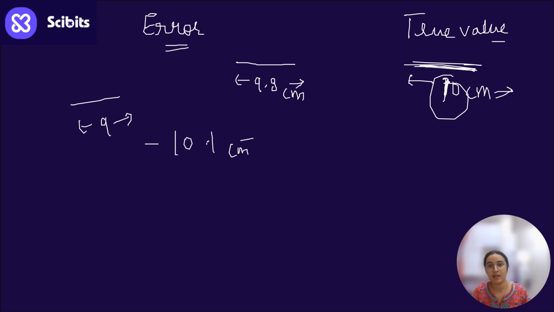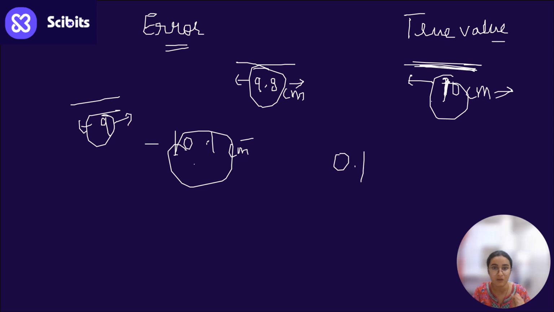So there is a true value and these all are observed values, right? There is a difference between these two, like 10.1 and 10, there is a difference of 0.1, right? And 9.8 and 10 also there is a difference of 0.2, right? So these things are termed as error, and it may be due to instrumental error or personal error or something. So how will you define relative error?